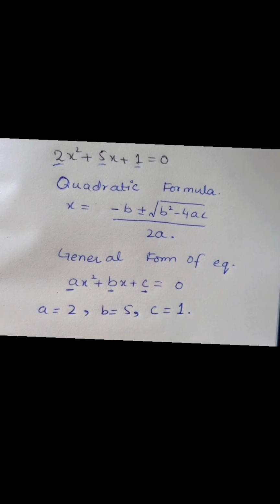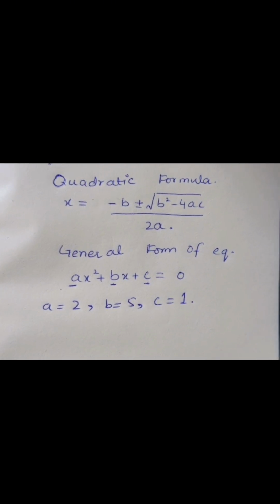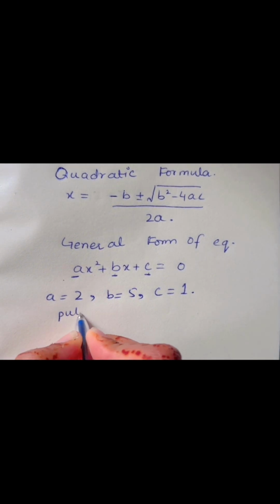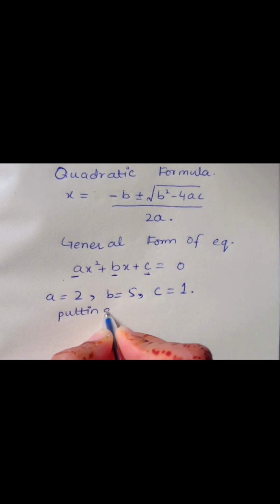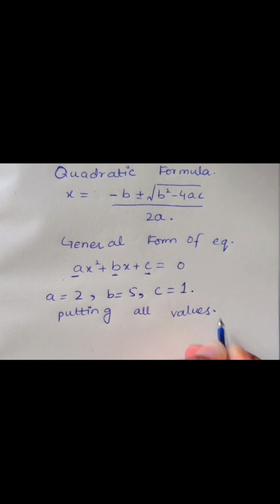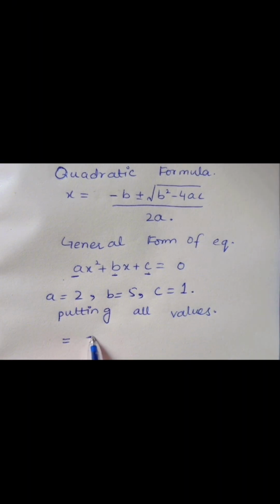We compare the coefficient of variables. Now we have the value of a, b and c. So we will put all the values in our quadratic formula, which is x equals to minus b plus minus square root b square minus 4ac divided by 2a. So b is equal to 5, so minus 5 plus minus square root.